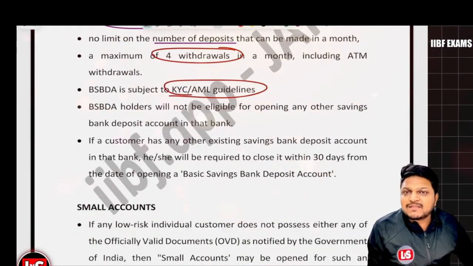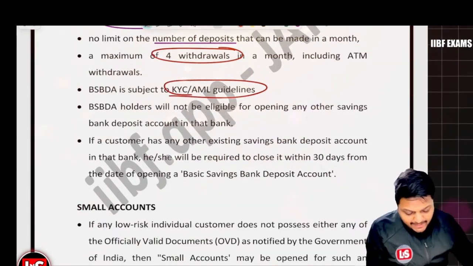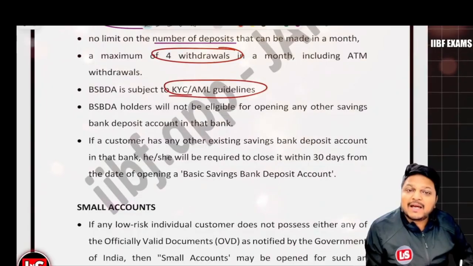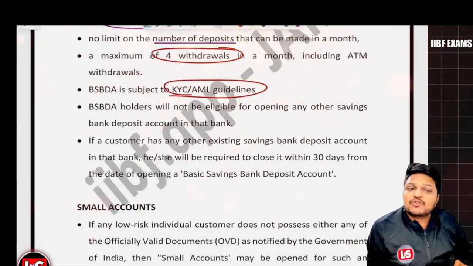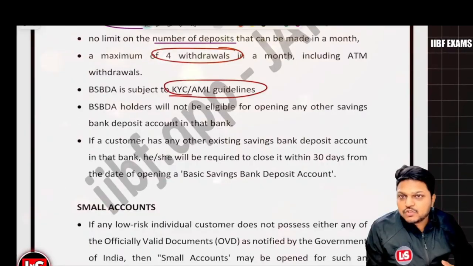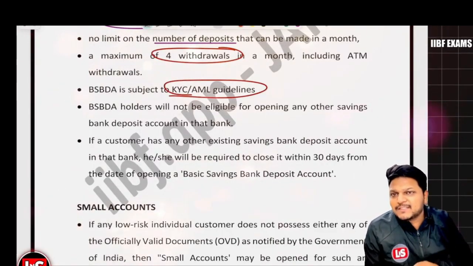Otherwise, if the minimalistic KYC is done, then it will be a small account. We'll further be learning about the small account also, right? And further, BSBDA holders are not eligible to open any other saving bank account in the same bank. So if you have a saving bank account in the bank, you cannot open the BSBD account.